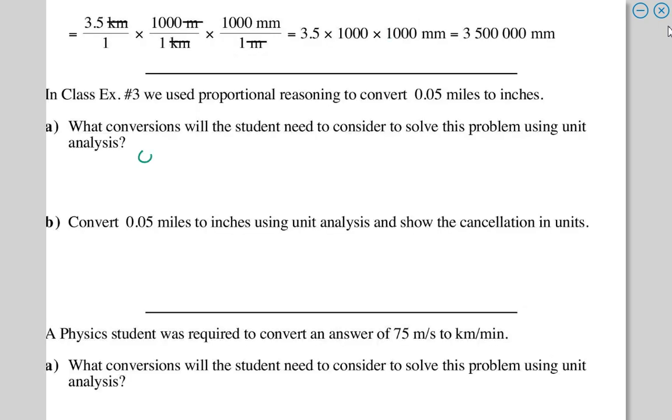You start off with what they give you, 0.05 miles. And if you remember, we don't have a miles to inch. We got to go miles to feet first. So what you're going to times by is some proportional relationship where miles is in the bottom. Why would we want that?